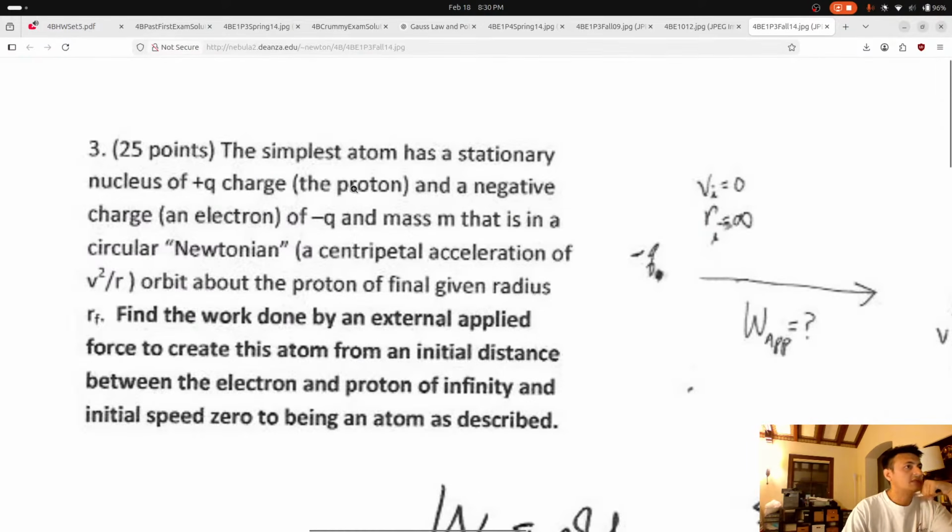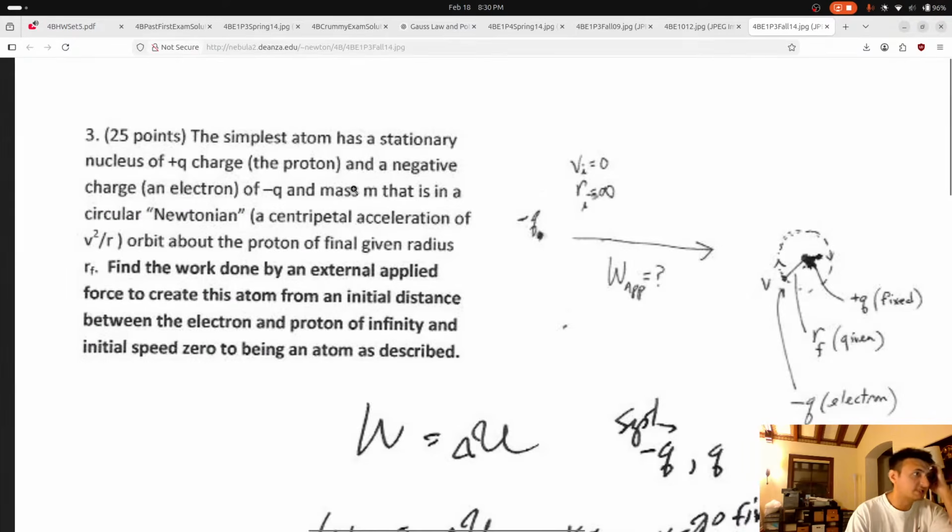Ooh, okay. The simplest atom has a stationary nucleus of plus Q charge, the proton, and a negative charge, an electron of minus Q, and a mass m, that is in a circular Newtonian orbit. Yeah, I need a bro. If I get a v squared over r, I'm gonna be pissed.